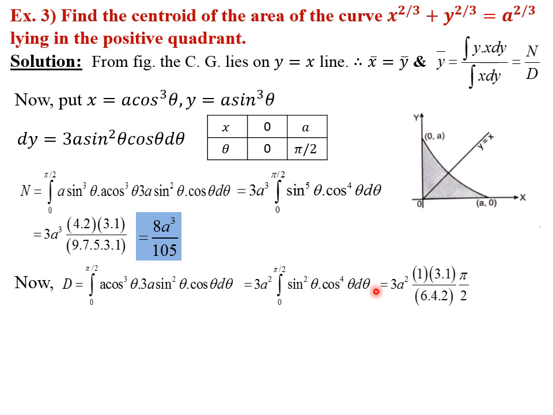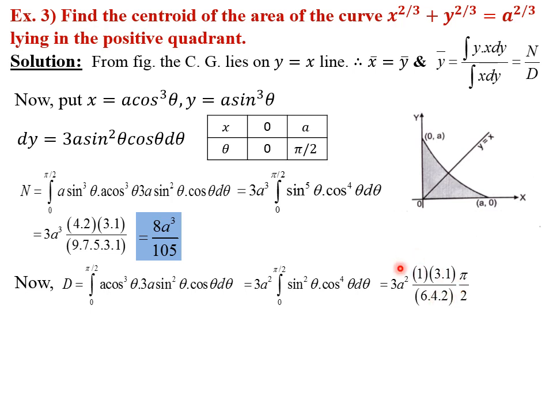And again apply the reduction formula here, we'll get 3a square, same term as it is, then 2 minus 1, that is 1 in a first bracket, into 4 minus 1, that is 3 into 1 in a second bracket, whole divided by the sum of m and n, that is 4 plus 2, 6, 6 into 4 into 2.